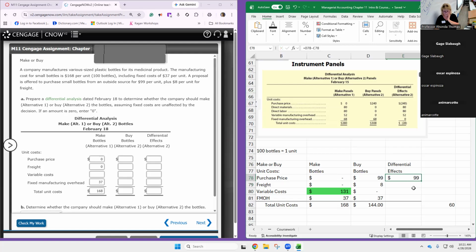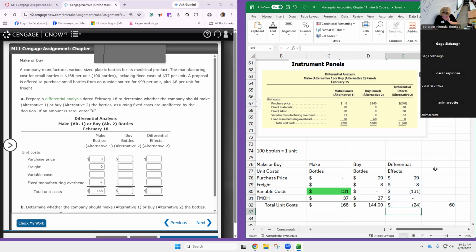So that goes also for the freight. And then we're getting into the variable costs. Yep, and there's no difference between 37 and 37. So now we're going to add up the 99 and the 8 and the negative 131.